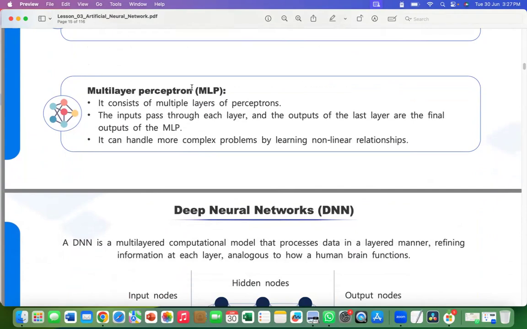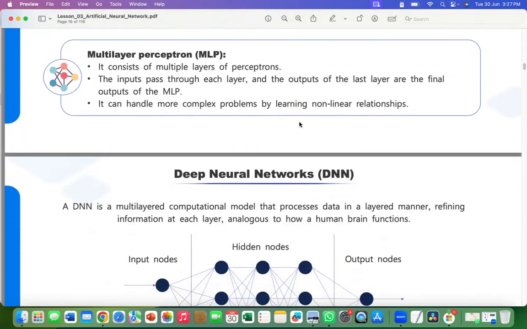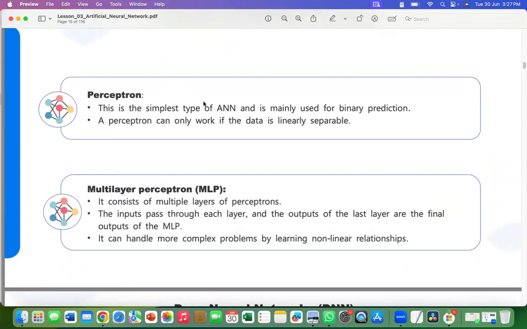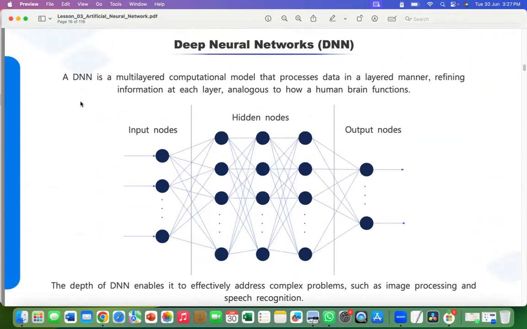Here we have multiple layers of perceptron, as the name says itself, and the input passes through one layer, and the outputs of the last layer are the final outputs of the MLP. The input passes through each layer, and the output of the last layer will be the final output. Now it can handle more complex problems by learning non-linear relationships. So that is your MLP, the multi-layer perceptron.